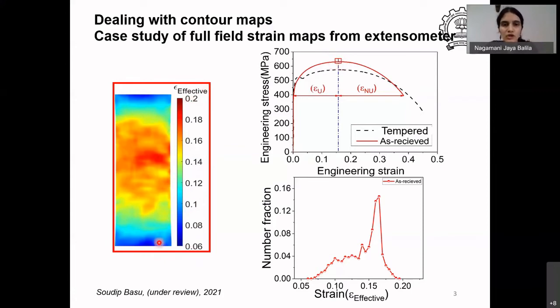Of course, closer to the grip section of the specimen, where the cross section becomes more non-uniform, the stress, which is load per unit area, will decrease because the load is the same, but the area is increasing. So at the ends, you will always expect a much lower stress, which is okay.